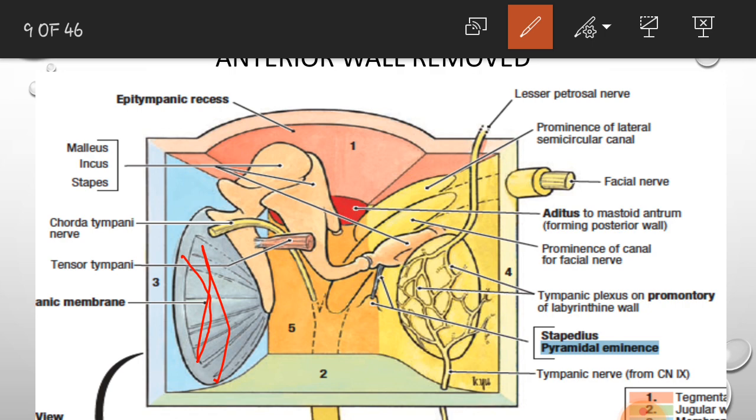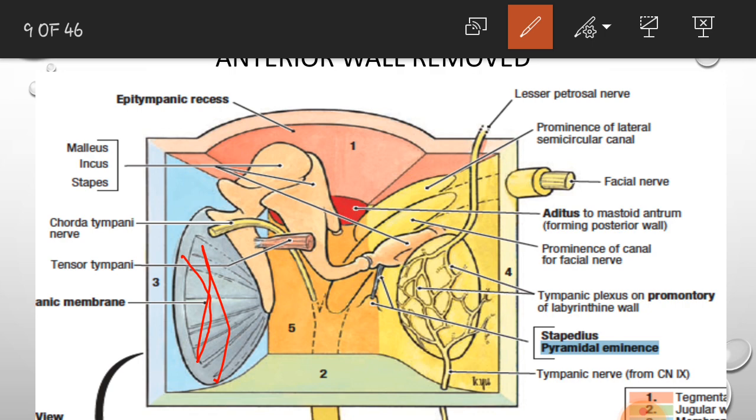The orange wall is the posterior wall of the tympanic cavity, and the pink wall on which 1 is written is the roof, and the light green wall, numbered 2, makes up the floor. So that means we're standing right next to the anterior wall and having a look at the tympanic cavity.